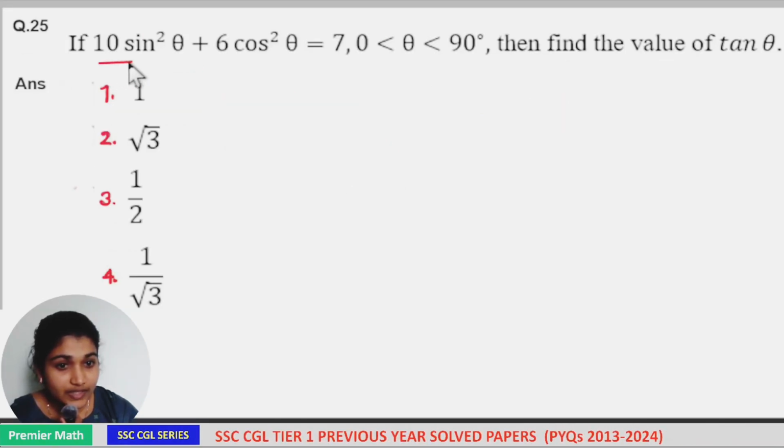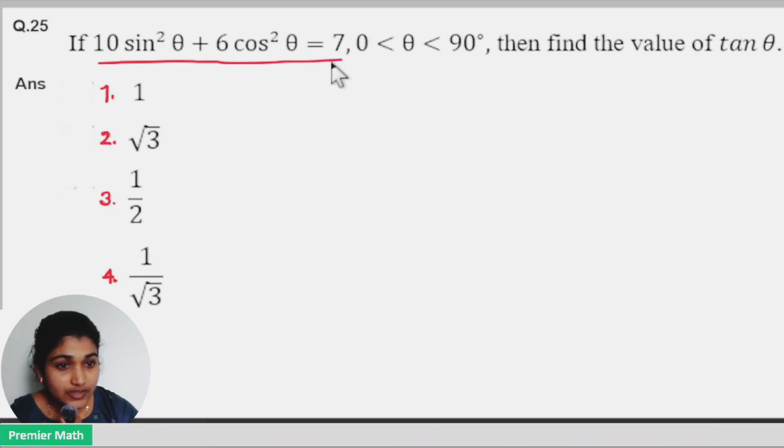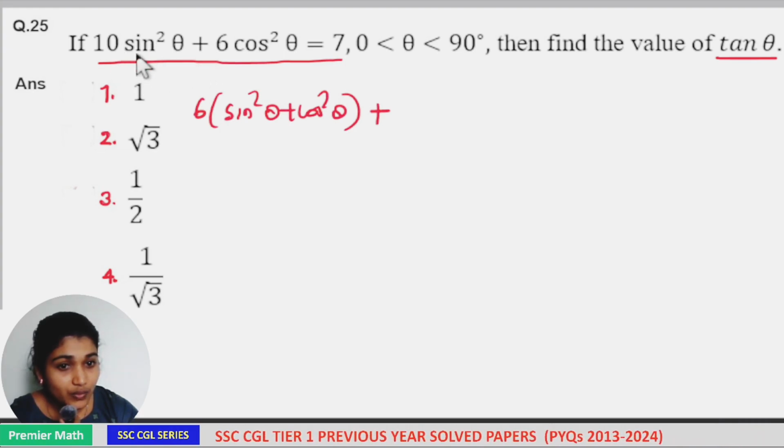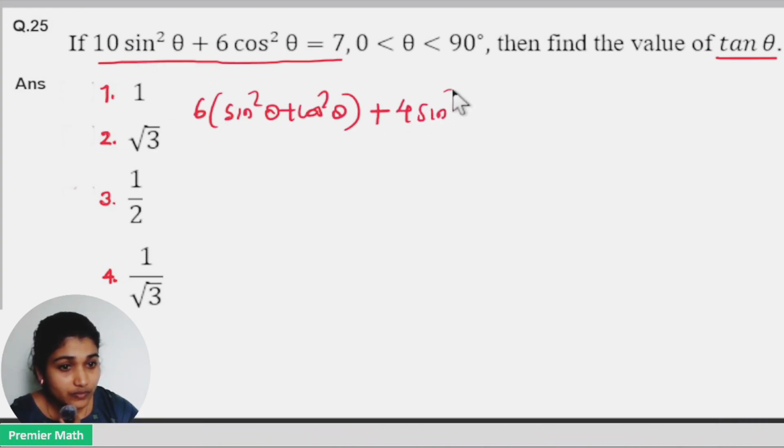If 10 sin square theta plus 6 cos square theta is 7, then find the value of tan theta. Here take 6 as common. Then 6 into sin square theta plus cos square theta, remaining is equal to 4 sin square theta, which is 7. Now sin square theta plus cos square theta is 1.